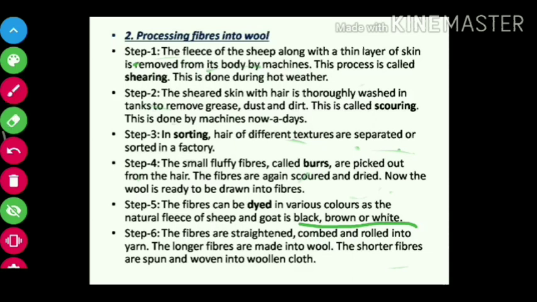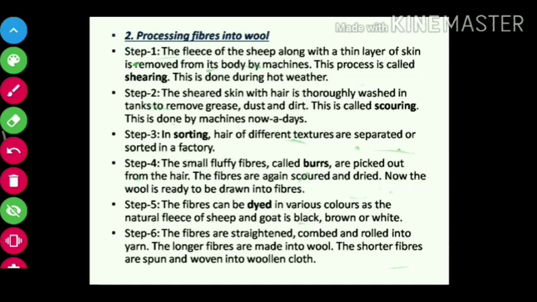Next, step 6: the fibers are straightened, combed and rolled into yarn. The longer fibers are made into wool and shorter fibers are spun and woven into cloth. So there are two types of fibers, shorter and longer. These are first straightened, combed and rolled into yarn.